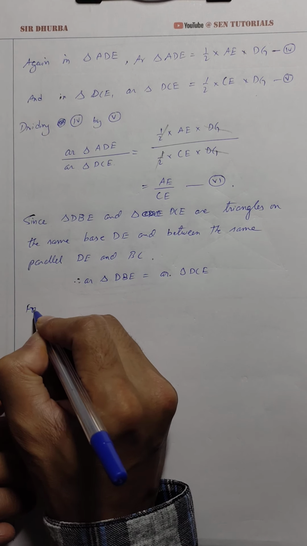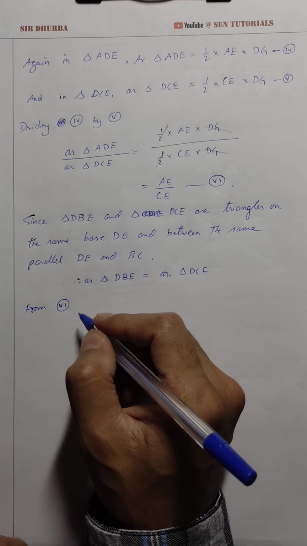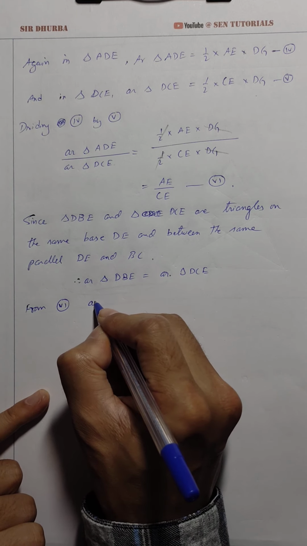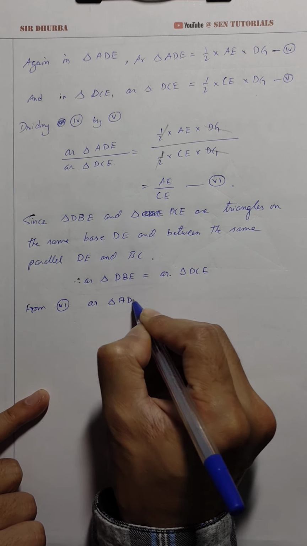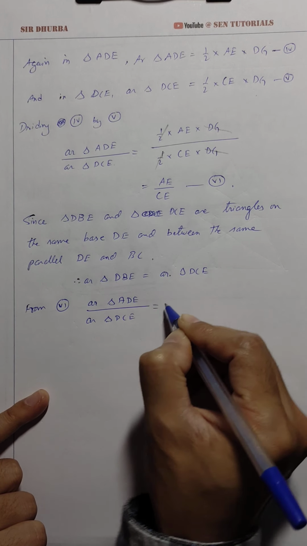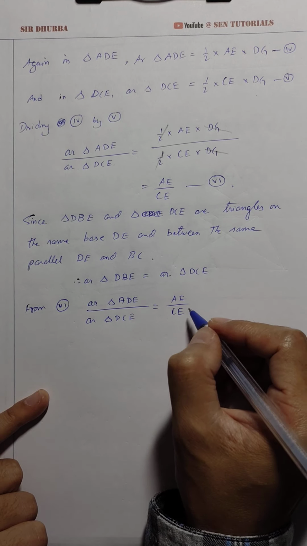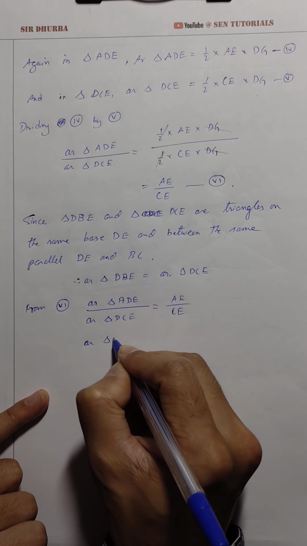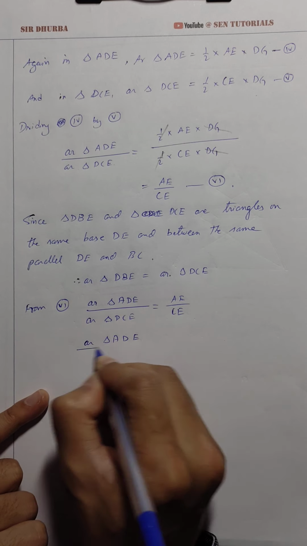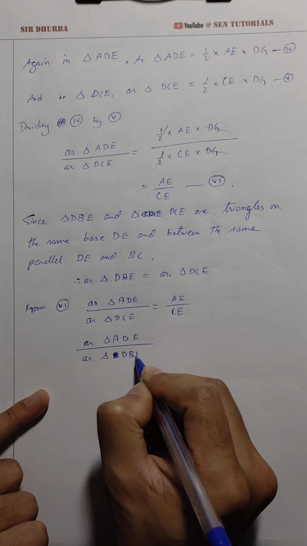Now let's rewrite that equation 6 once again. What was it? Area of triangle ADE divided by area of triangle DCE was AE by CE. So this can be written as area of triangle ADE divided by area of triangle DBE.